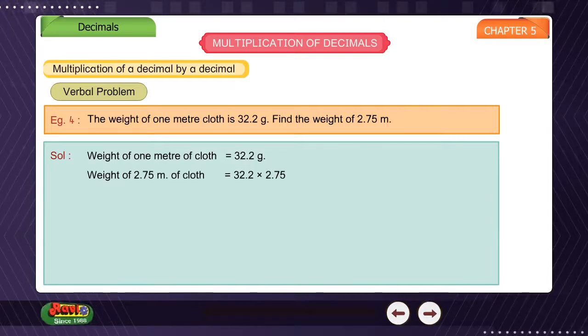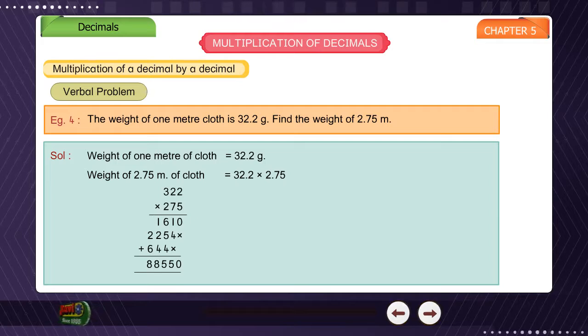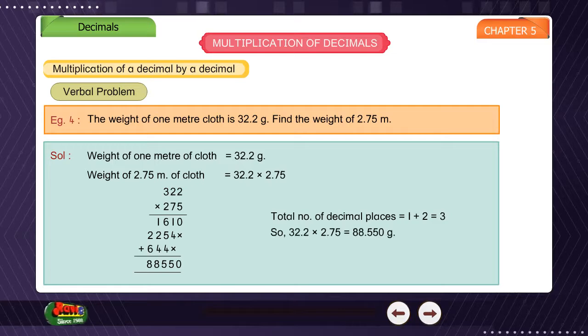Weight of 2.75 meters of cloth is equal to 32.2 into 2.75. 322 into 275 is equal to 88,550. Total number of decimal places is equal to 1 plus 2 is equal to 3. So, 32.2 into 2.75 is equal to 88.550 grams.